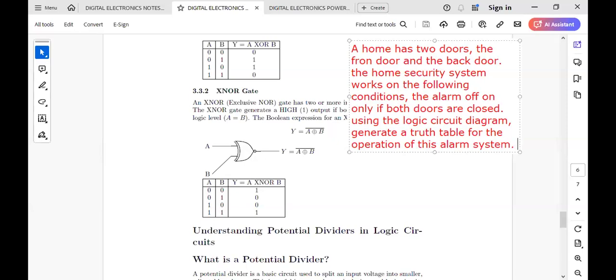A home has two doors, the front door and the back door.